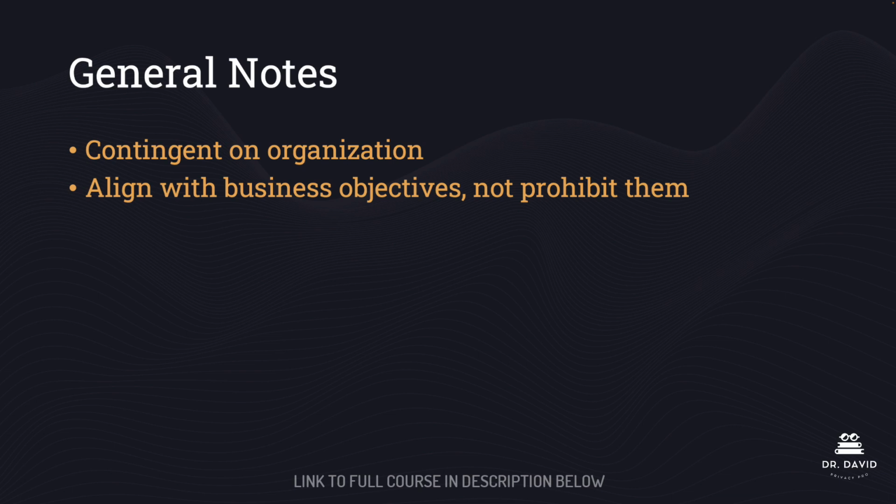That's how they make money. And so as a privacy manager at a data broker, what should you do? Clearly, we don't want to close off all collection and processing of personal data by a data broker, because then they're not going to be able to do their job and you are going to be out of a job. And so instead, how can you align privacy best practices with the business's objectives?